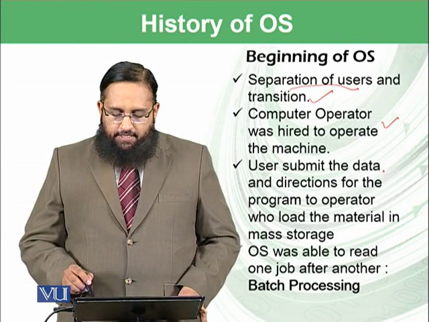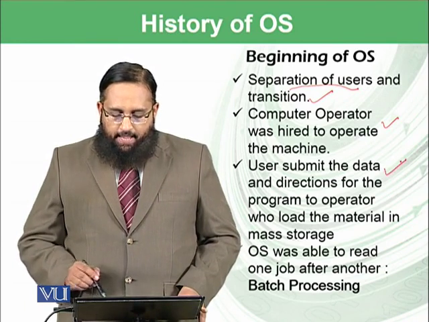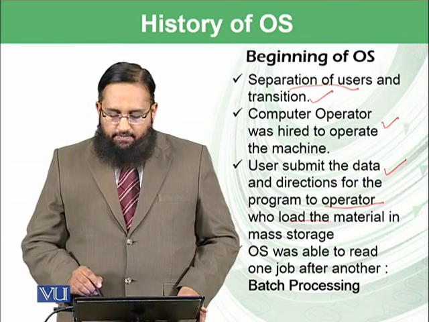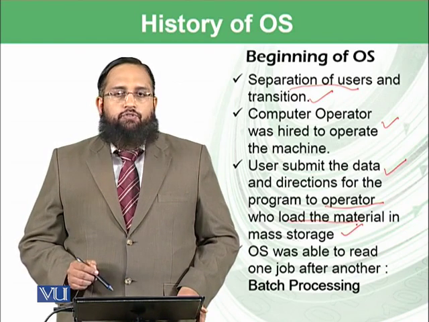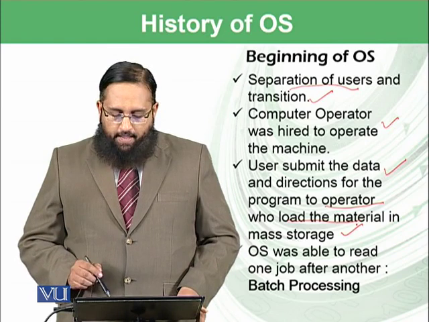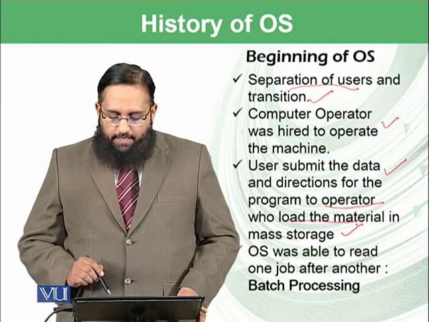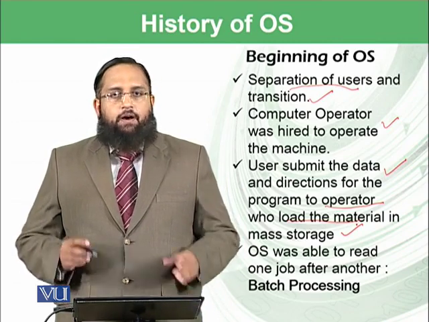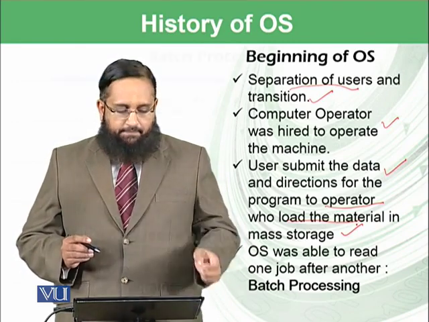So they submit such instructions and data, and the program, and the operator loads this material into the mass storage of that time's computer, and the OS was able to read one job after another job, and such processing was known as batch processing.